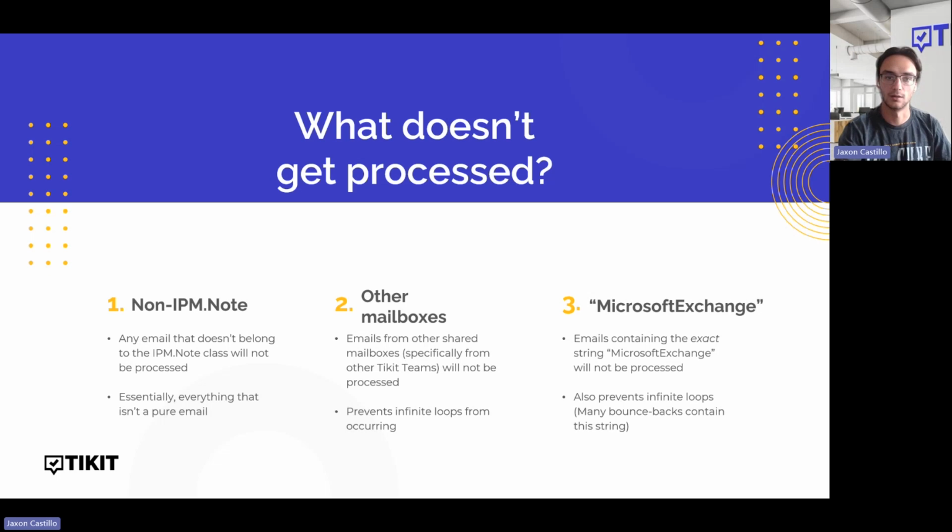No ticket would be created, and that is specifically to avoid infinite loops. Whenever you send an email, you get the response that says a ticket's been created, and you can see how that would just bounce back and forth. We want to prevent that, so we don't process emails from other ticket emails.